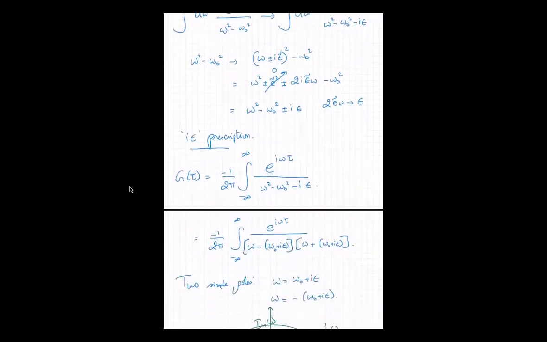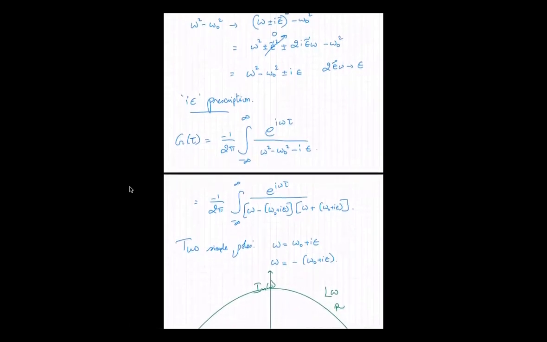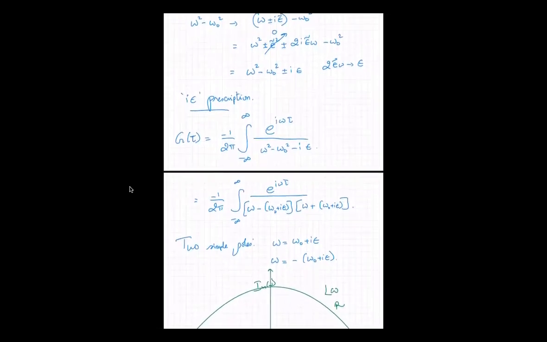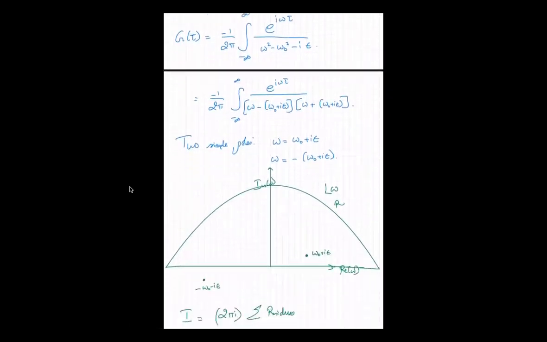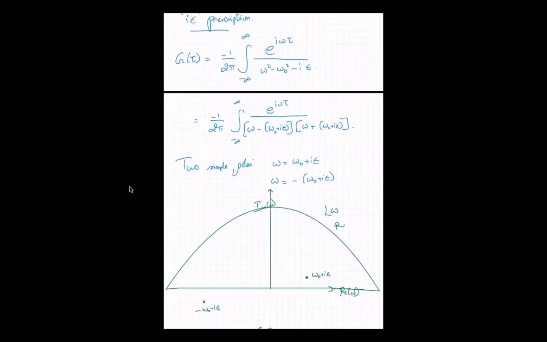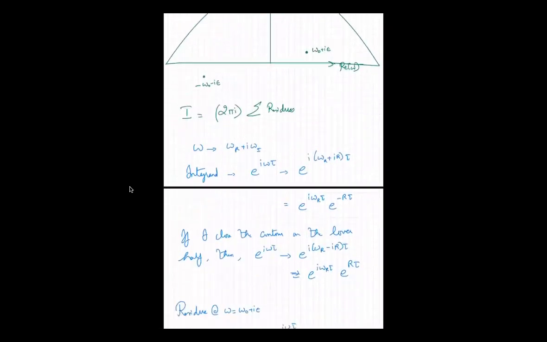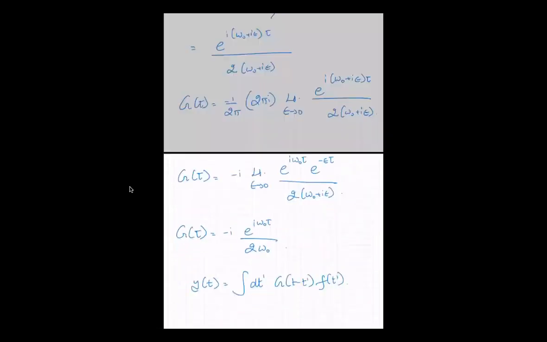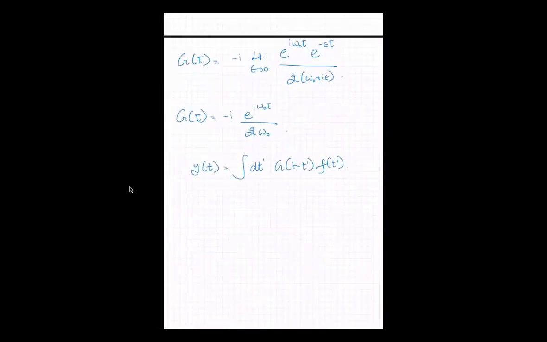The second is, by using the epsilon prescription or some other contour integration technique, solving the contour integral to give you the actual Green's function in time space, g of τ, or g of r in the Schrodinger equation case. That is the second step. The third step is, of course, using this Green's function to construct the solution, which in our case is basically integrating the Green's function with respect to f of t'. f of t' is the driving force.